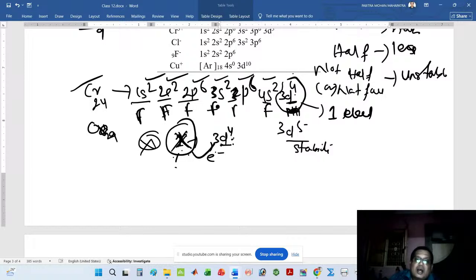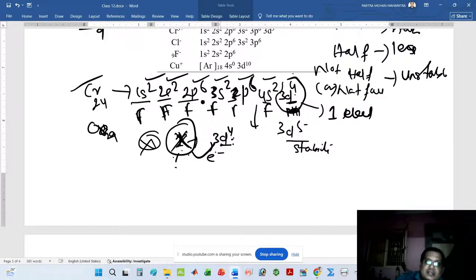So among the different orbitals, only the 4s orbital is selected for donating one electron to the 3d, and the 3d orbital will attain the half fill configuration and it will be listed in the stability column. As a result, it will be stable and the whole atom will be stable.